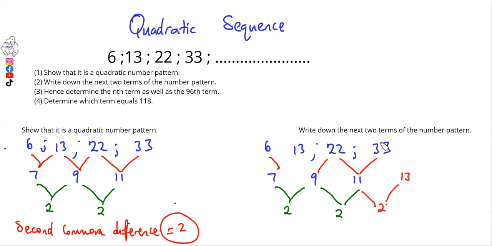The next term is going to be 46. And if you say 46 minus 33, you get 13.